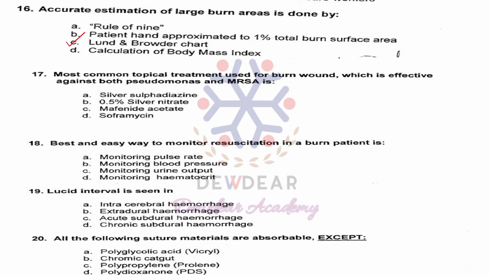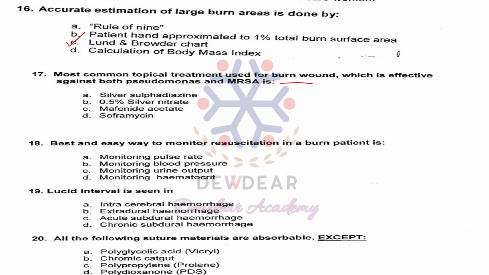Then question number 17. Most common topical treatment used for burn wounds which is effective against both Pseudomonas and MRSA is. Options are silver sulfadiazine 0.5%, silver nitrate, mafenide acetate and Soframycin.